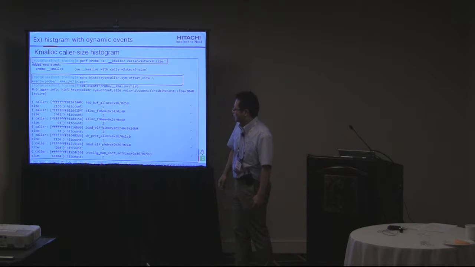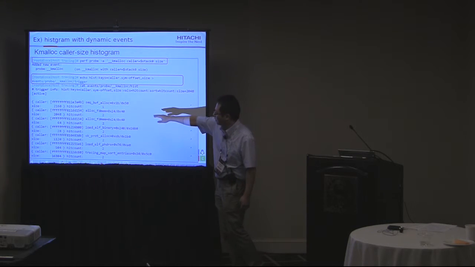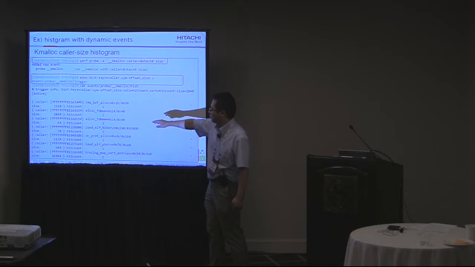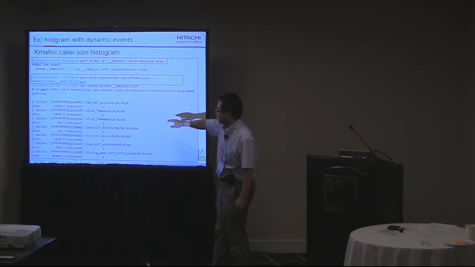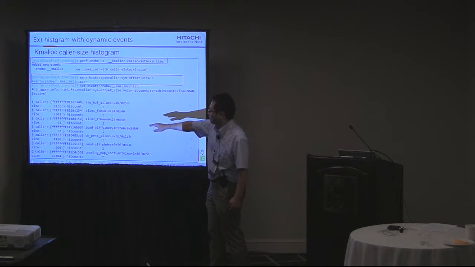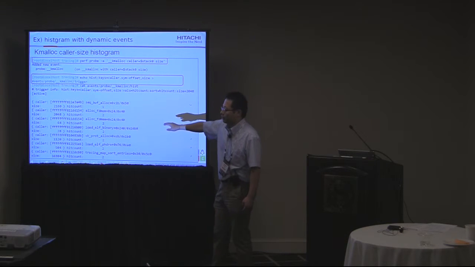So, for example, alloc_fd calls kmalloc with 2048 bytes twice. However, it also calls kmalloc with a 64 byte allocation.